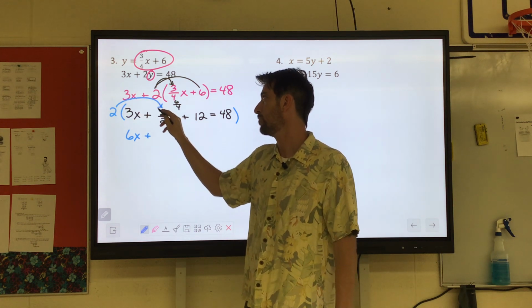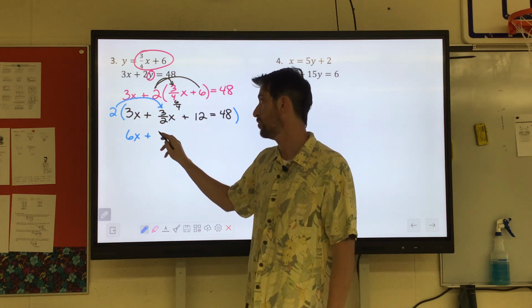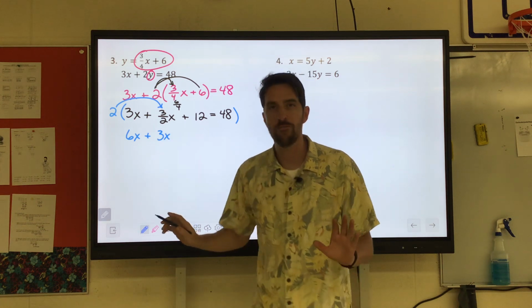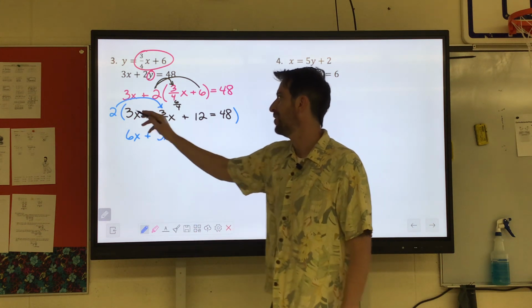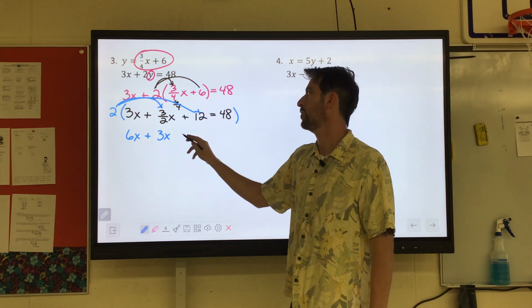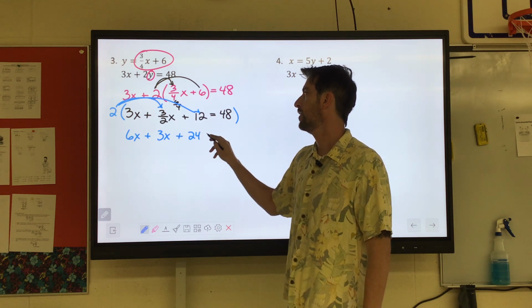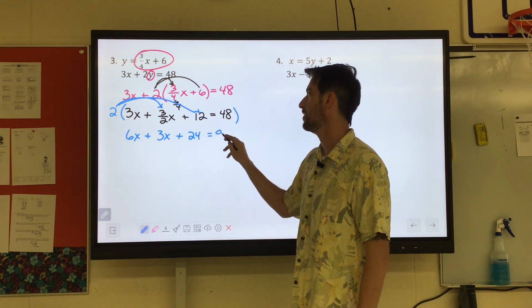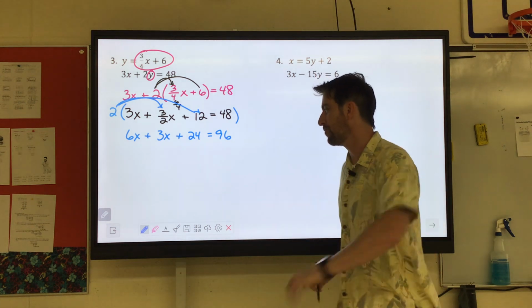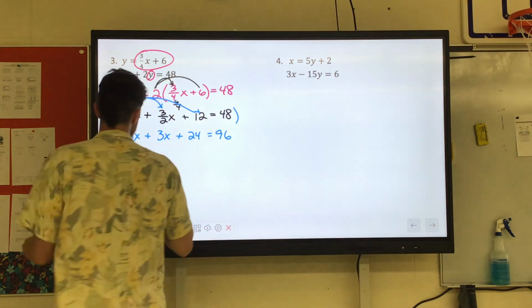Well, 2 times 3 is 6, divided by 2 is 3. Look at that, no more fractions. Oh. 2 times 12 is 24. And 2 times 48 is 96. No more fractions, we're having fun.